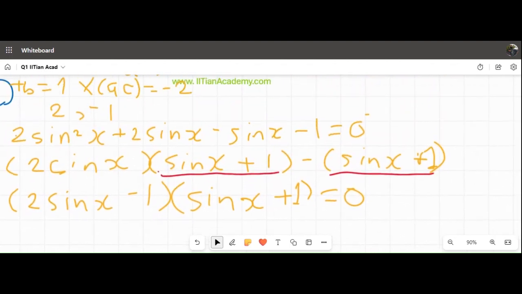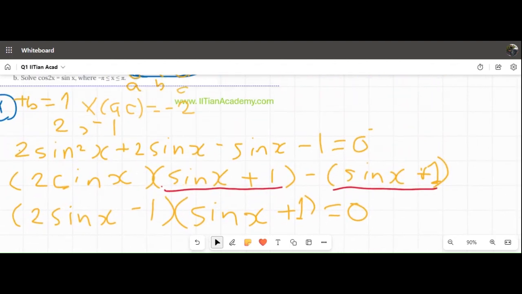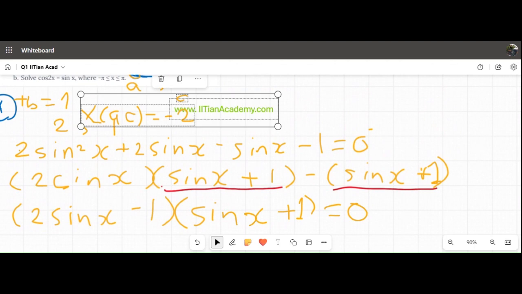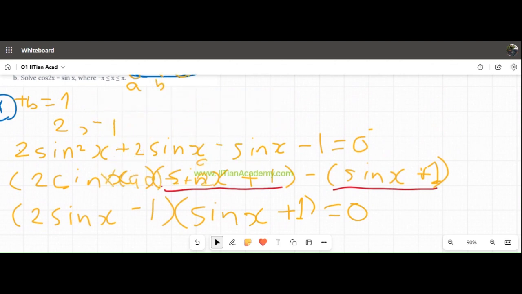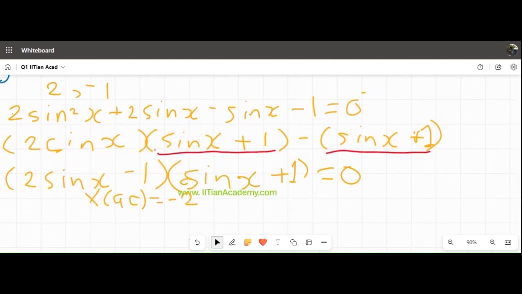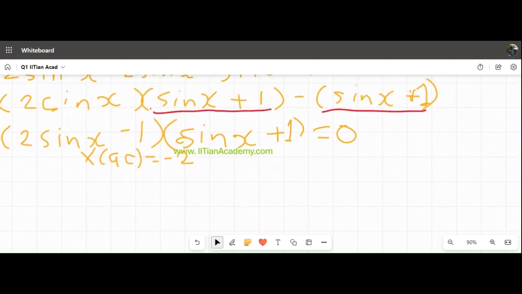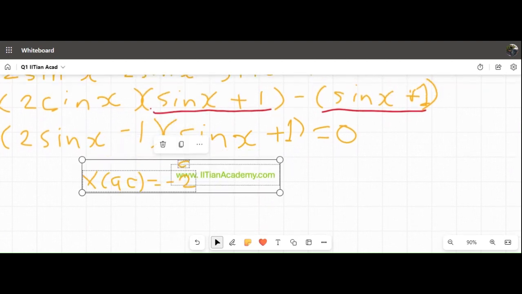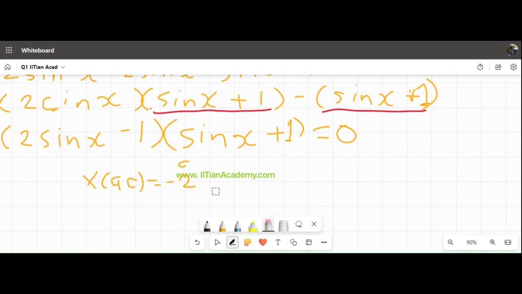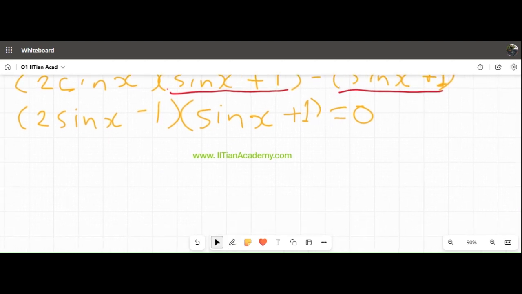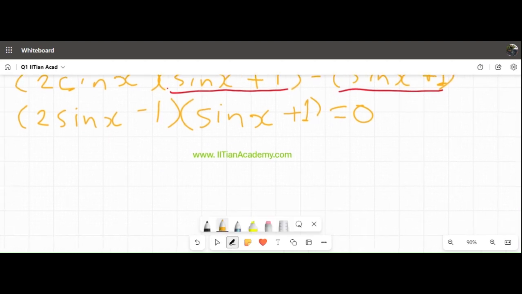And to solve this, what we're looking for is what term will make this equation equal to 0, right? That's how we solve for our x values. So if we look at both of our factors, we have 2 sine x minus 1.